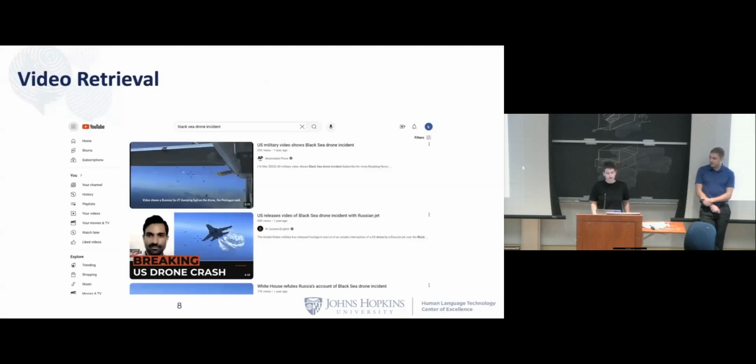Well, if you take a look at YouTube, you'll notice that there's actually a ton of text-based metadata that is associated with every video on the platform. You have the title of the video, you have the number of views, you have the description associated with it uploaded by the user. You additionally have all of the information that YouTube has about you.